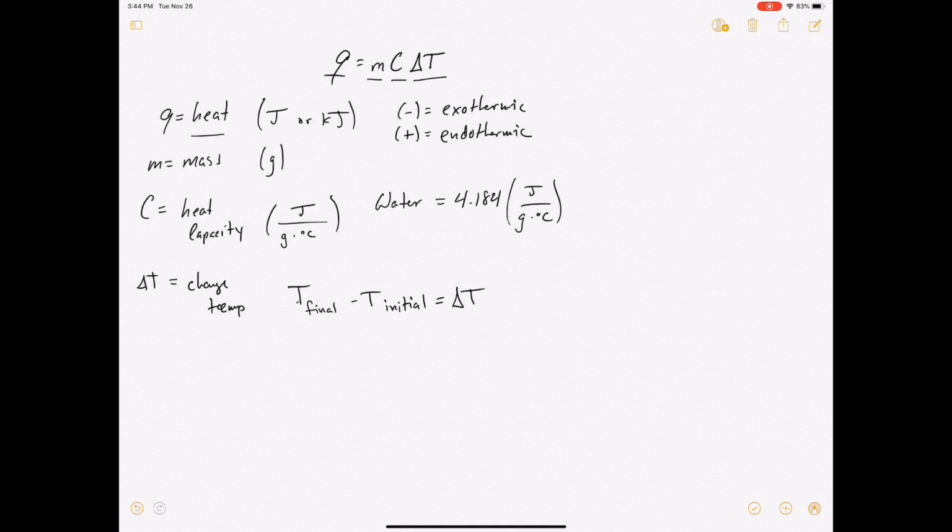So this equation can be used to solve for any of these components given that the units are lined up. With that being said, let's jump right in.